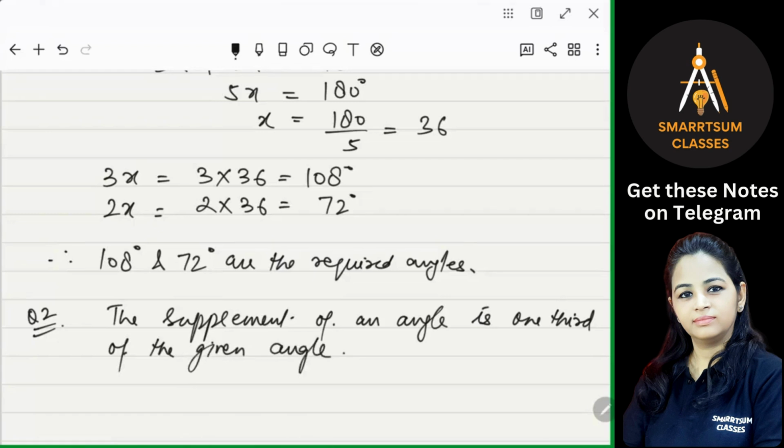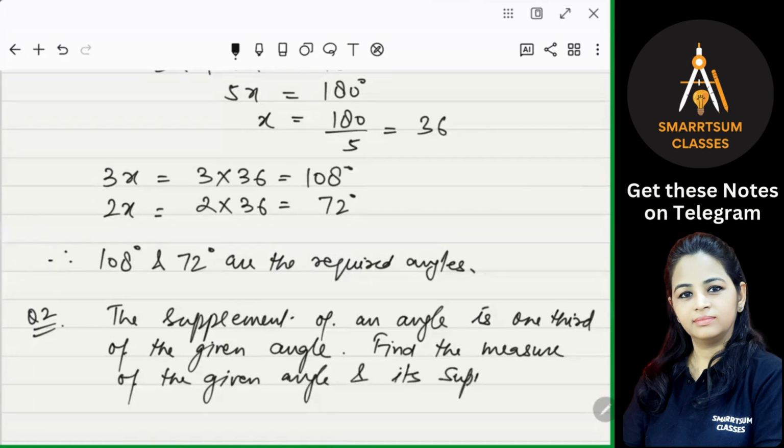Find the measure of the given angle and its supplement. Right? So you have to find the supplementary angle. Both measurements you have to find.